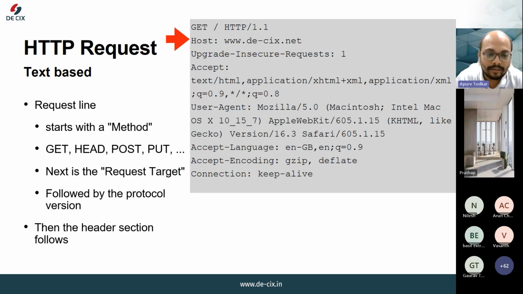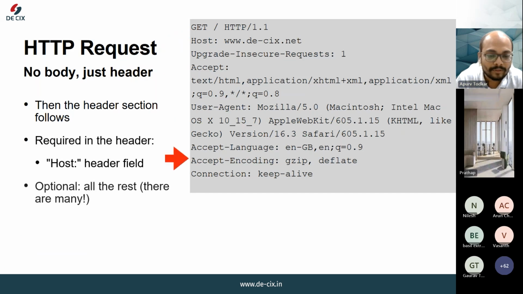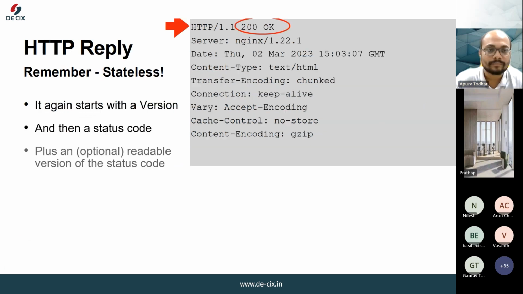Let's look at a response as well. As I have told you, there are several optional header keywords, like the encoding. So this is a response example. It starts with HTTP 1.1, then we have a status code that indicates the result of the request.